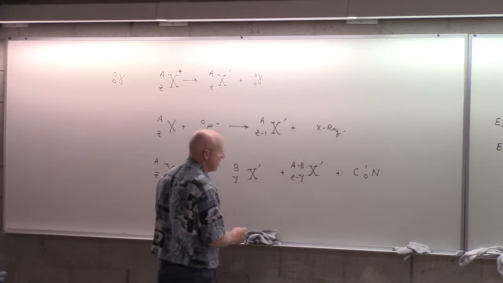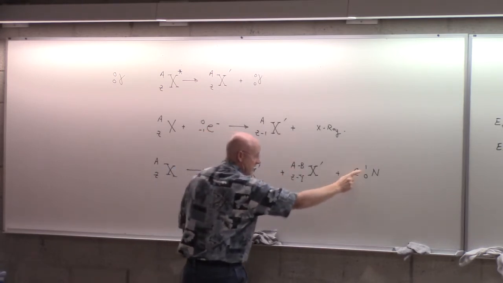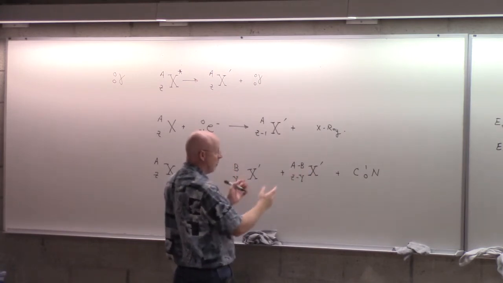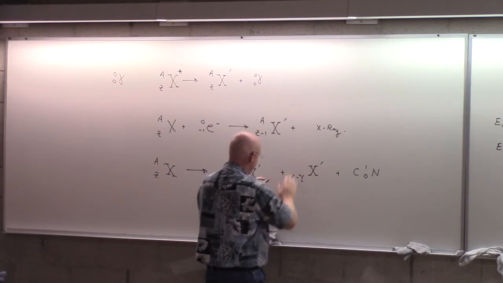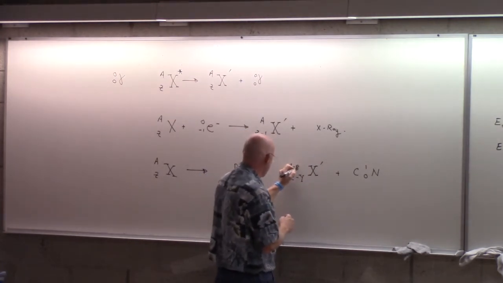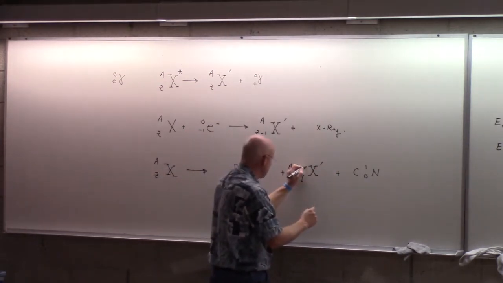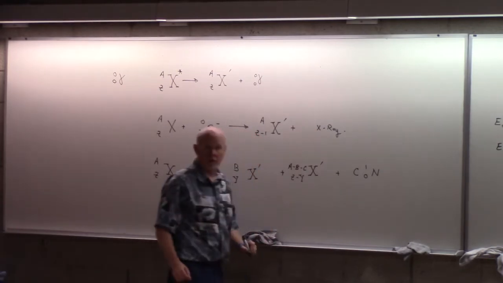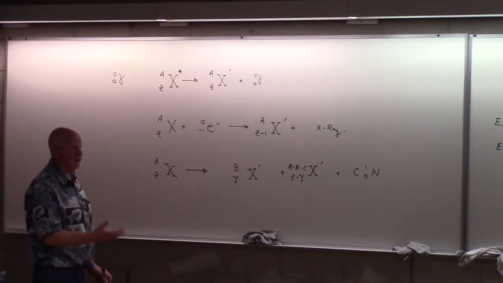That means the C times this needs to be somewhere in here. So this would be A, the original, minus the number of nucleons from this one, minus the number of nucleons here. And so that's a very common process.